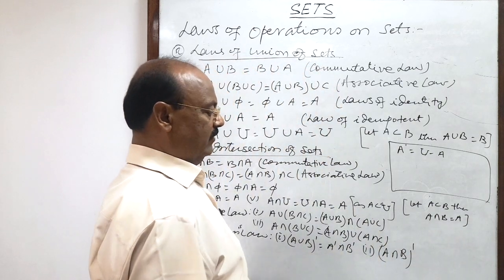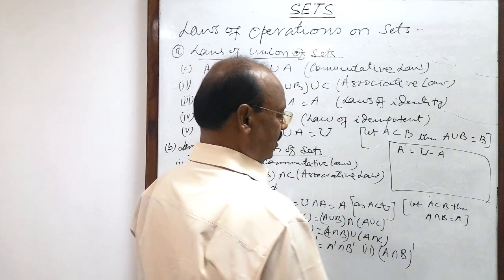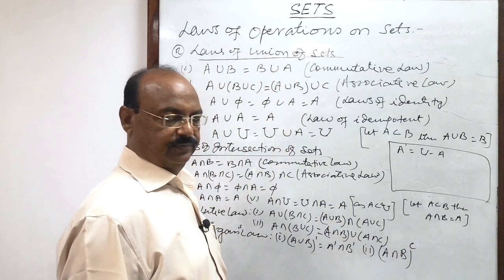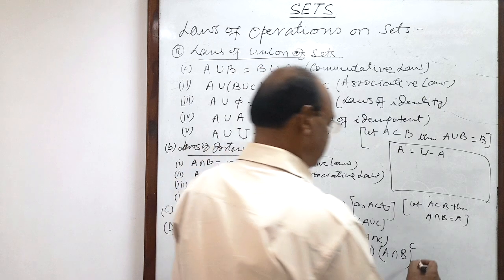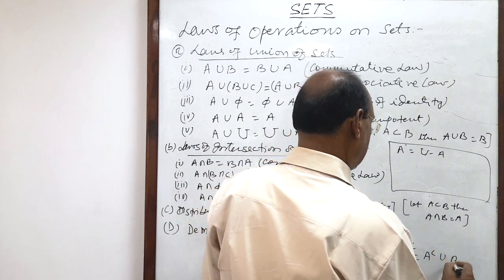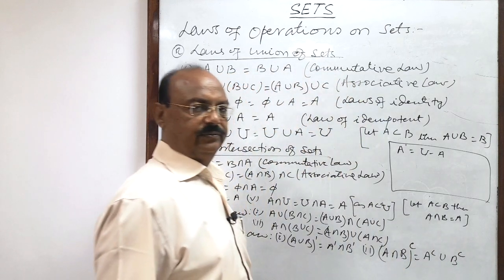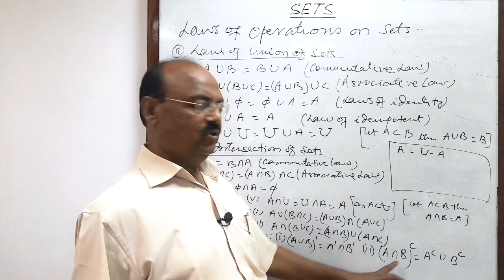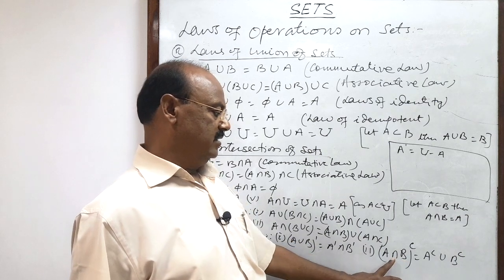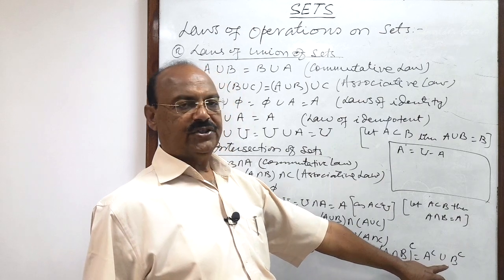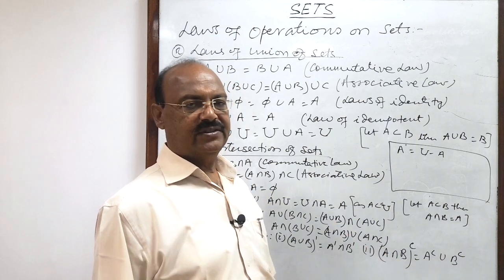Complement is denoted by this notation dash, or sometimes by writing C also. Okay. So this is equal to A complement union B complement. This complement has been distributed over both the sets A and B, and this intersection sign has been changed to the operation union of sets. Okay.